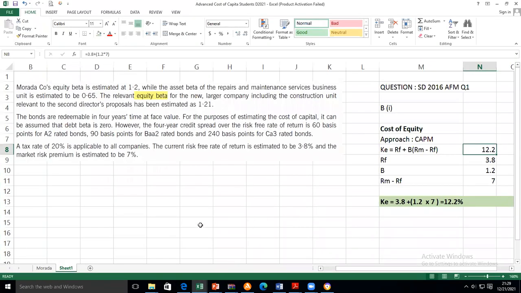There we are. So we've got the information, Ba2, the risk-free.